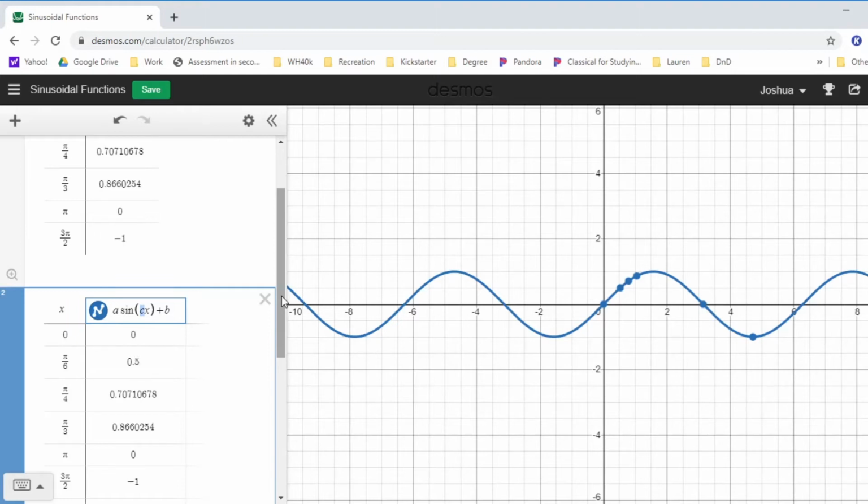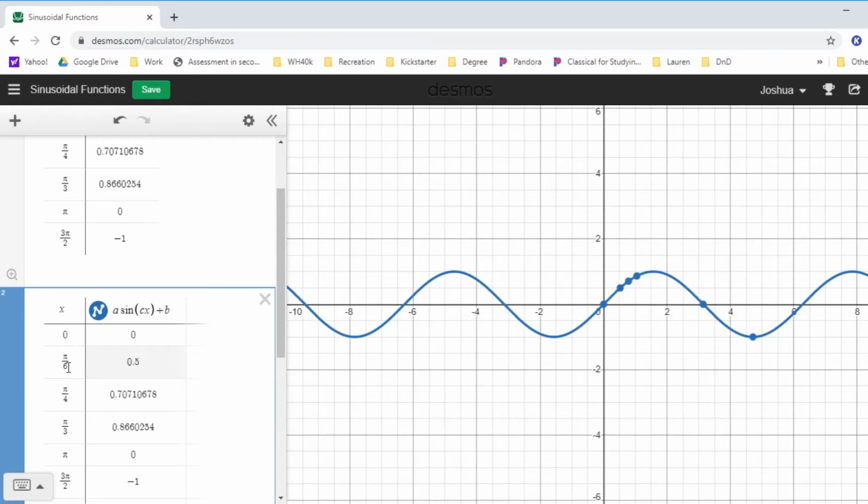So for example, if I put in a 2, that means where usually I would have to wait until x got to pi over 6 in order to reach 0.5, if this is a 2 in here, I can reach 0.5 at pi over 12. I can reach it sooner.